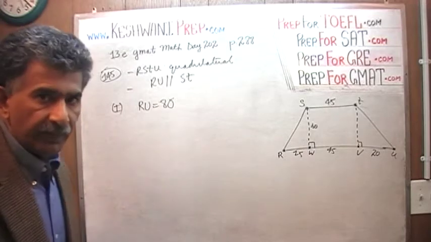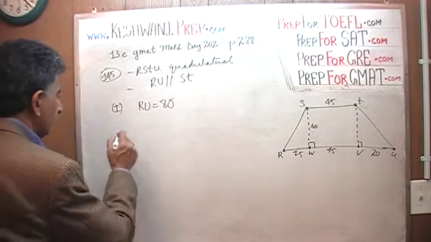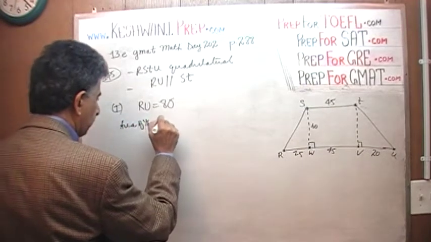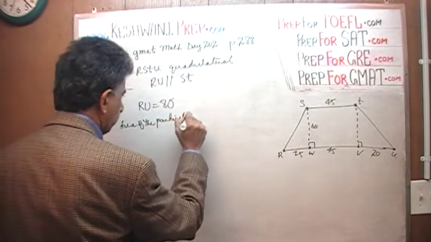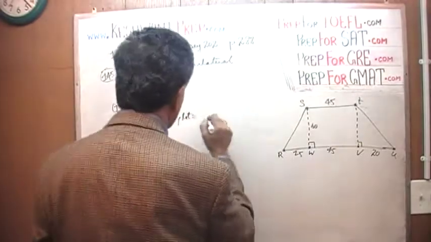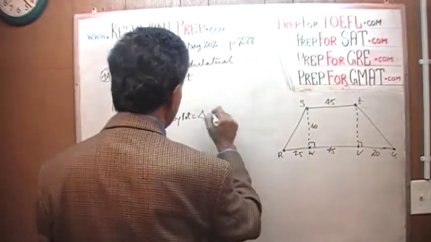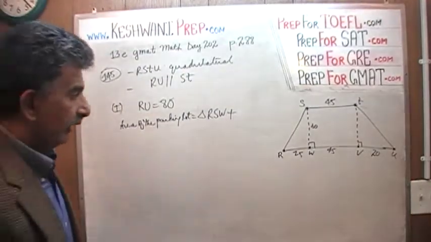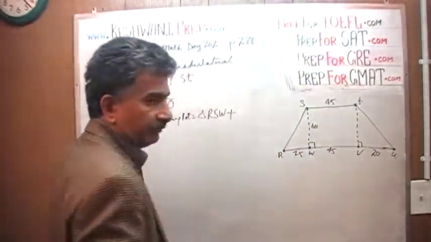Now we want to find the area of the parking lot, which is very simple. Area of the parking lot would equal the area of the first triangle, triangle RSW. We can figure out the area of the triangle very easily because we know the base and the height, it is 1/2 base times height.